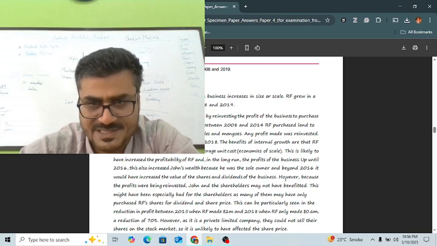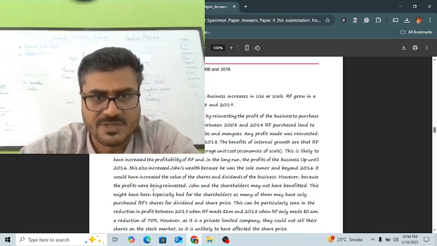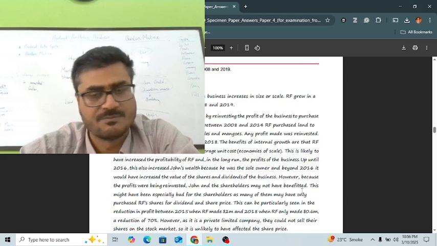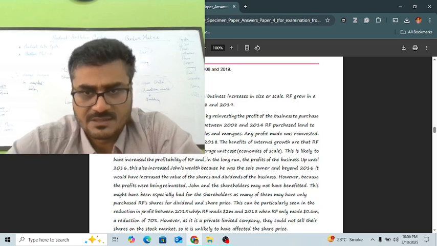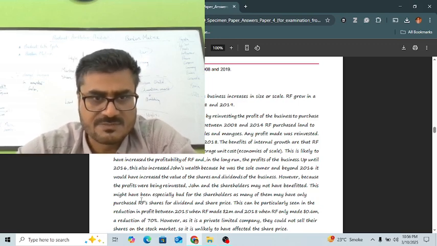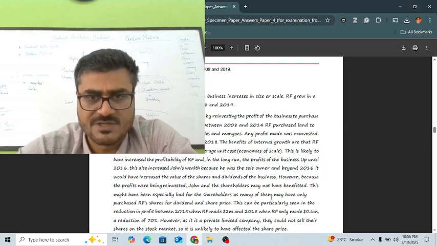So he discussed that point as well. However, because the profits were being reinvested, John and stakeholders may not have benefited. So this is an important evaluative statement that he had used. This might have been especially bad for shareholders, as many of them may have only purchased shares for dividends and share price.